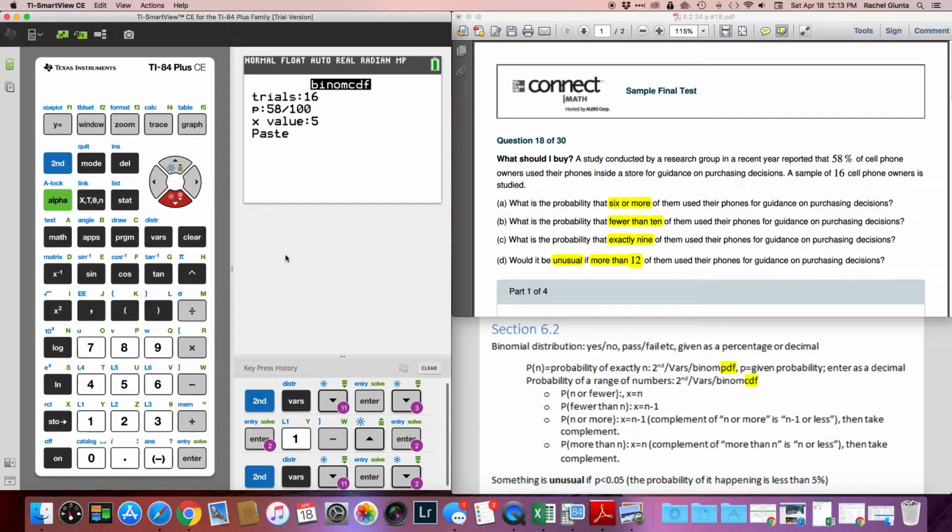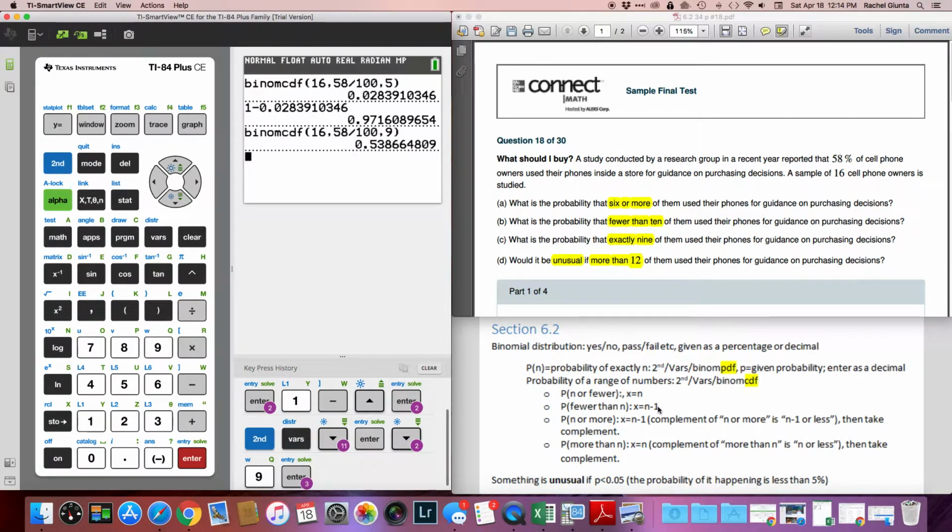The only thing we have to change is our X value. So fewer than 10, we want to use 10 minus 1, which is 9 for our X value. And since it's fewer and not more than, then it gives us our answer directly.